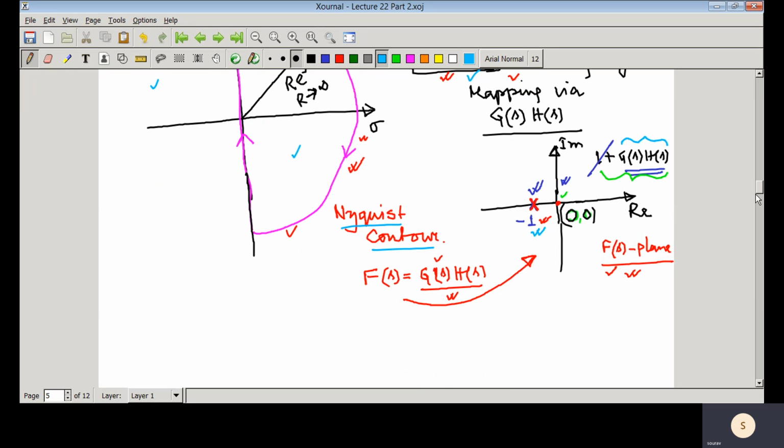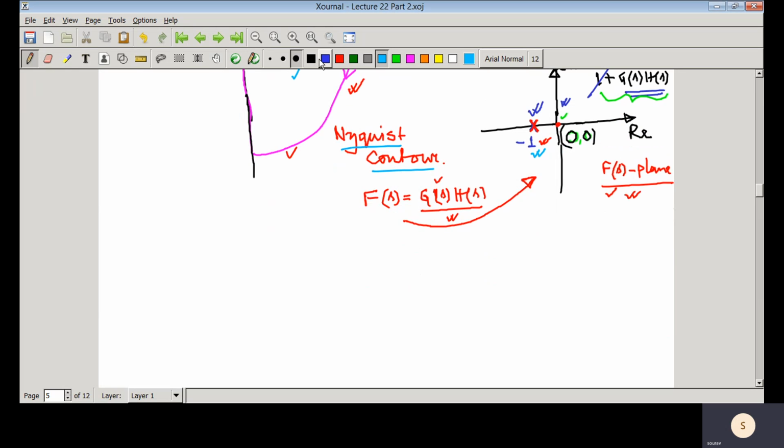So here we have seen that N equal to P minus Z. So now we can see that Z equal to P minus N. So our interest is whether Z equal to 0 or not.